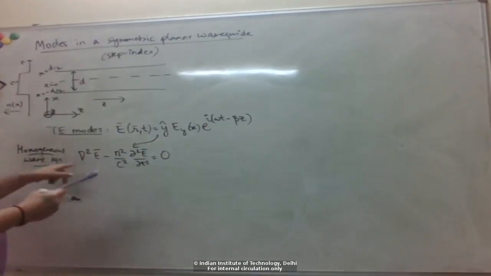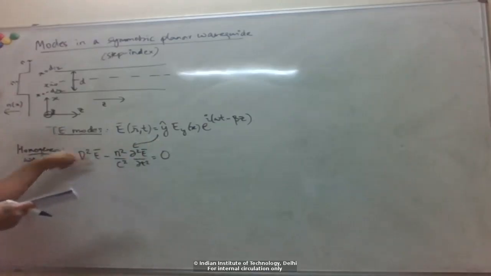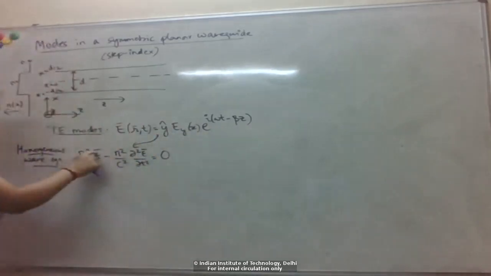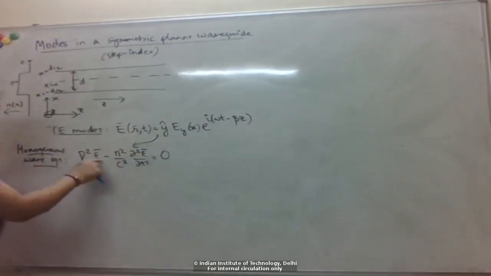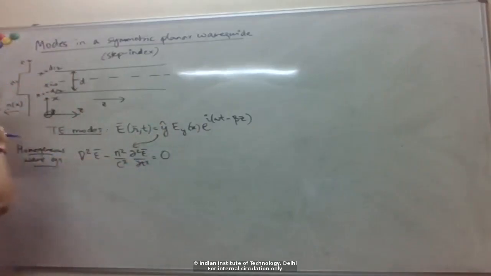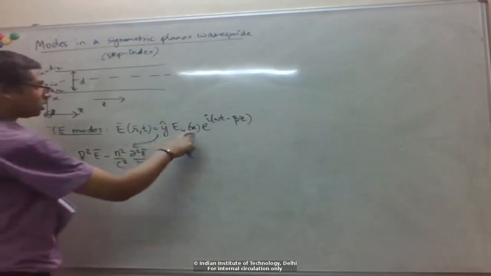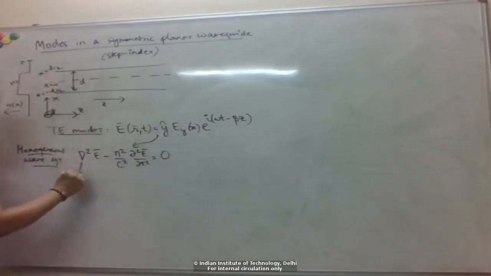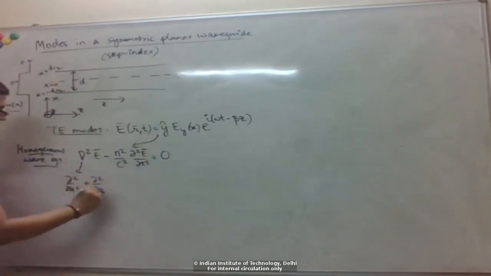Now the del square. Again, we can see that there is no y dependence here. Usually we have three scalar equations, one for Ex, one for Ey, one for Ez. But here we have only Ey, so we have only one equation for Ey. And the dependence is only on x and z, so del square here will only have the x and z terms, no y term.